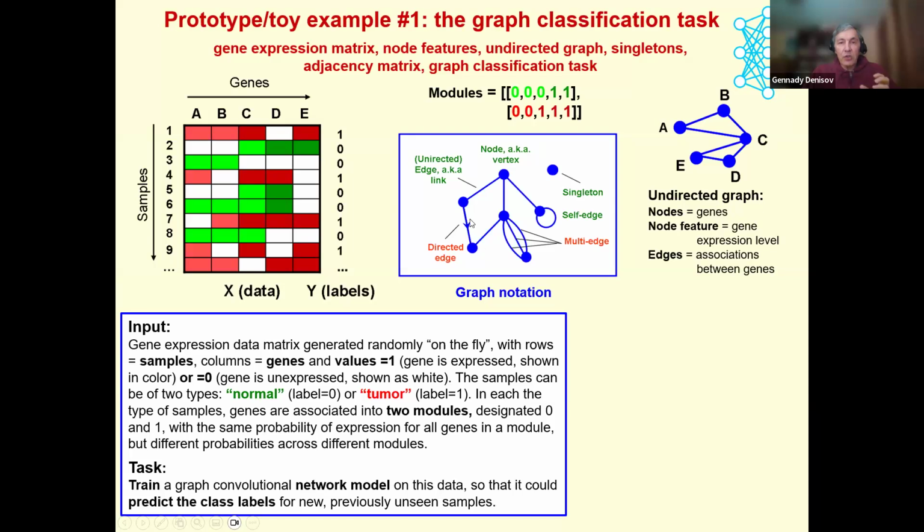So, as I mentioned, a graph is a set of nodes connected by edges. For the models considered in this class, each node will represent an individual gene. The edges will represent some kind of association between genes, and the features assigned to the nodes will be expression levels of the genes.